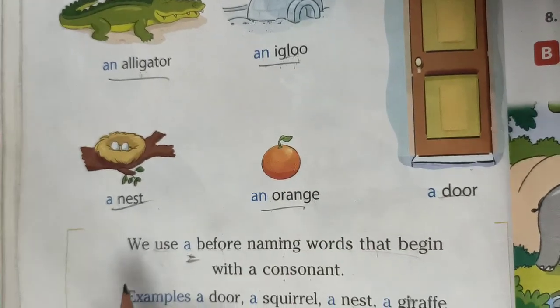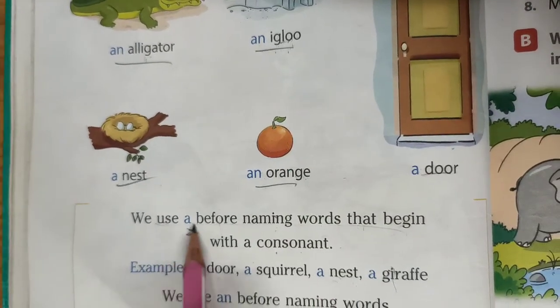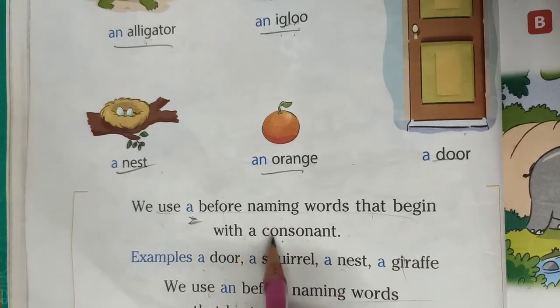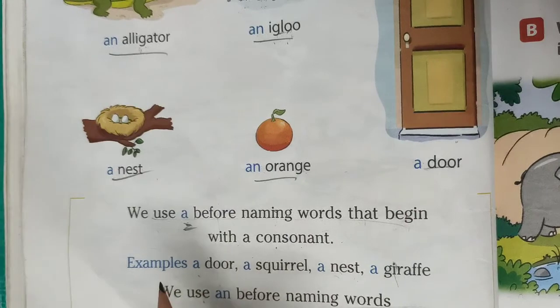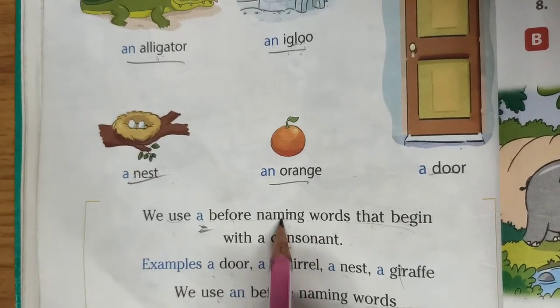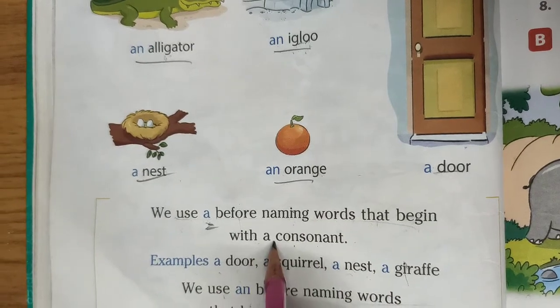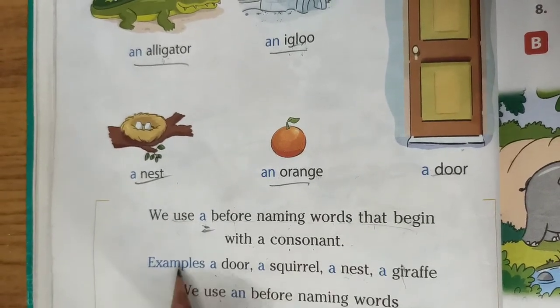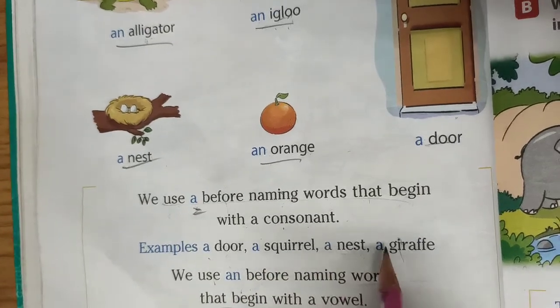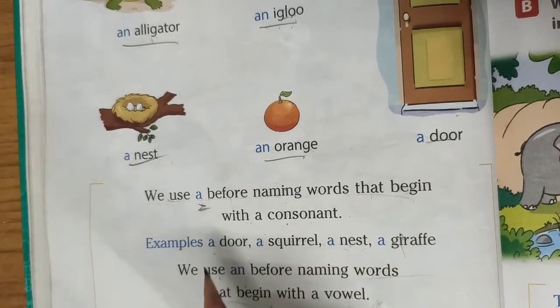Okay, see. We use a before naming words that begin with a consonant. Example, a door, a squirrel, a nest, a giraffe.